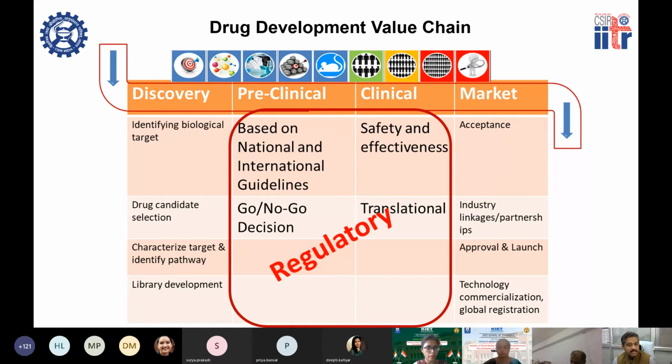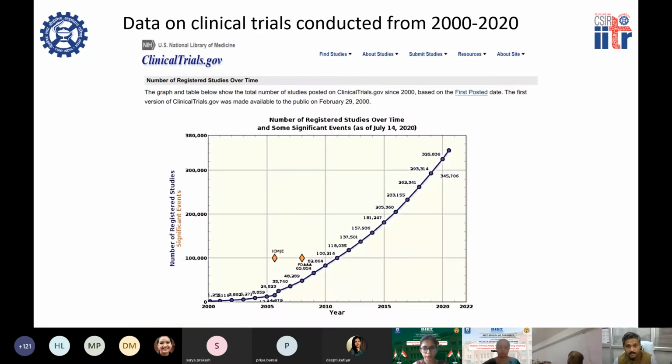We call that regulatory toxicology. Then finally, it goes to the marketplace. Whatever screening we do can be taken into preclinical and clinical stages and translated, but it is a tedious and also very critical process.